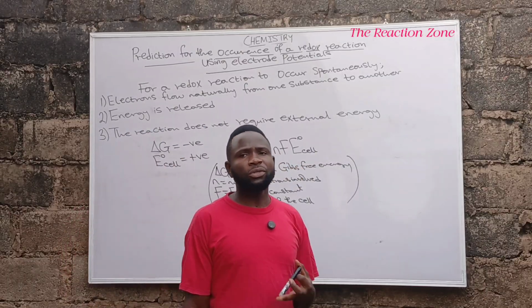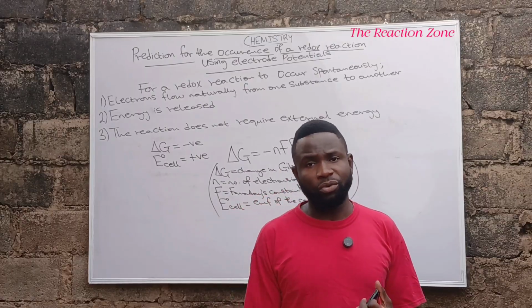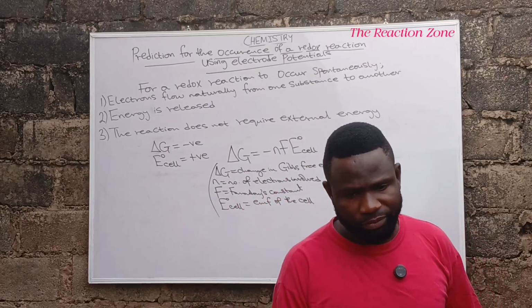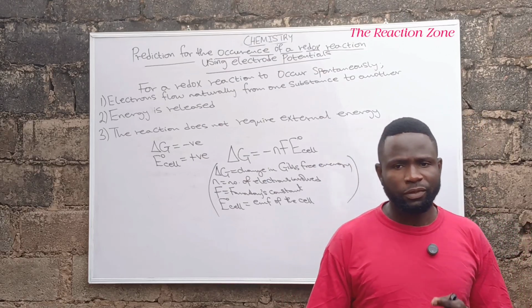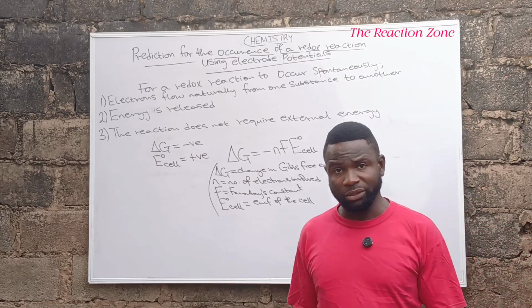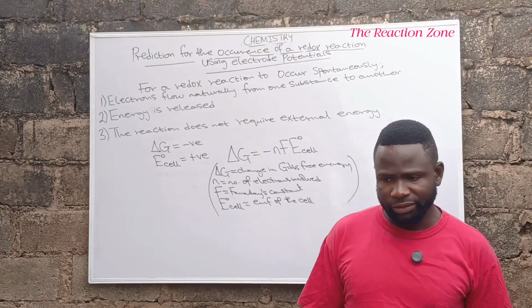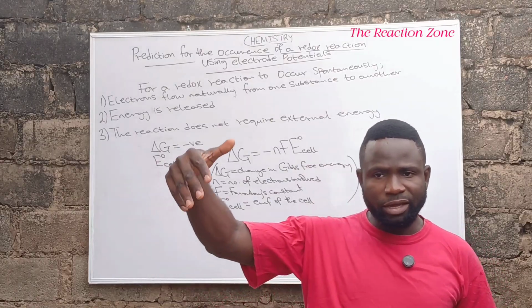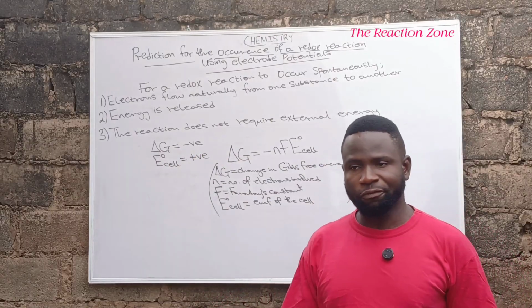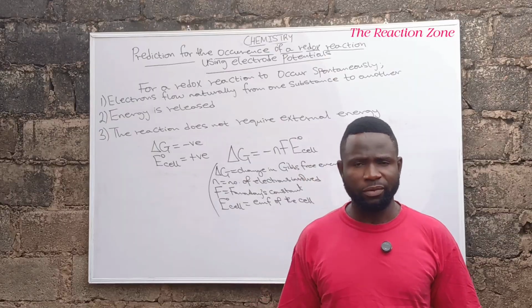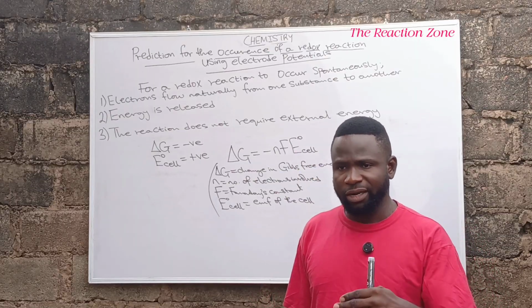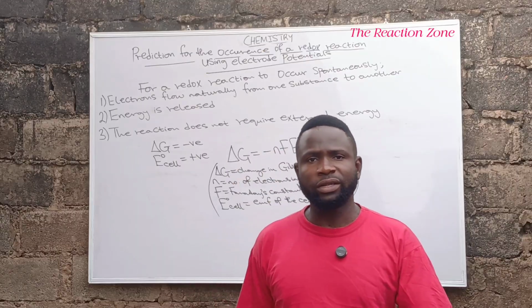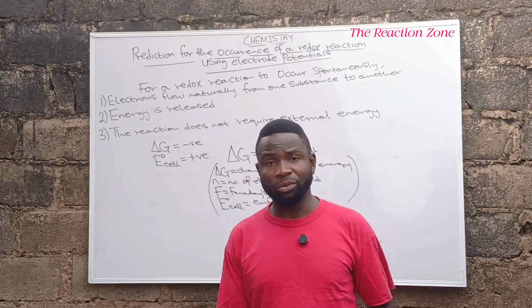Now, if you want to determine whether a redox reaction is going to occur spontaneously, split that redox reaction into two parts, into two half cells. After doing that, use the given electrode potentials to find the EMF of the cell. In my previous video, I showed you that there are three different formulae that can be used to calculate the EMF of a cell from electrode potentials.